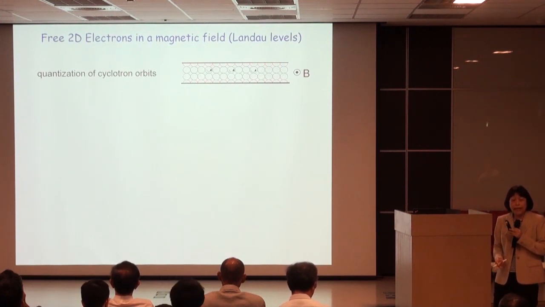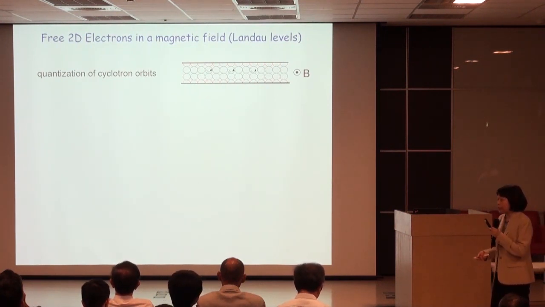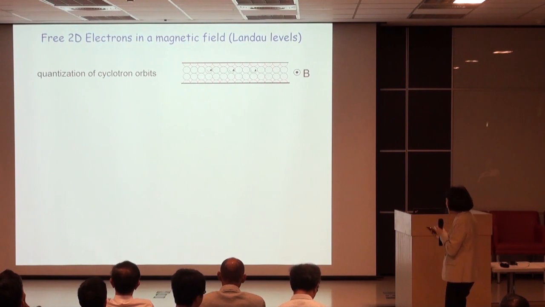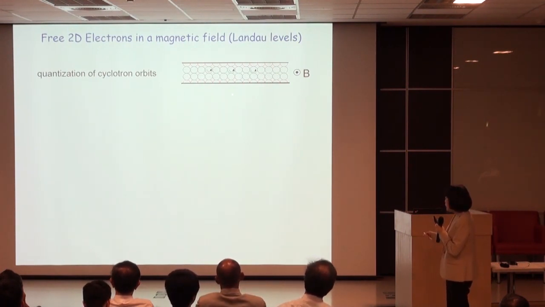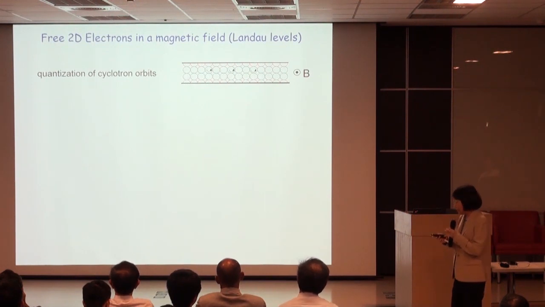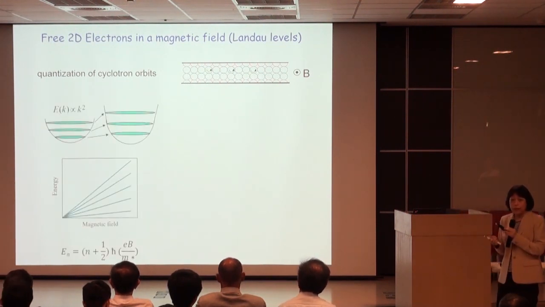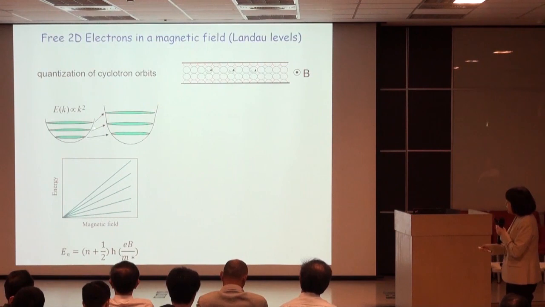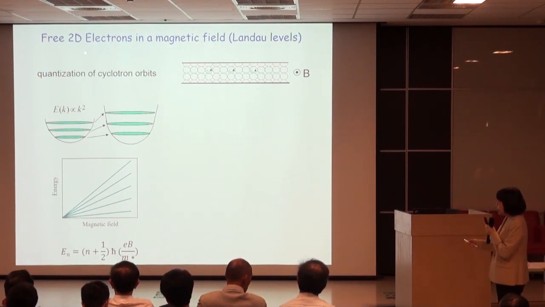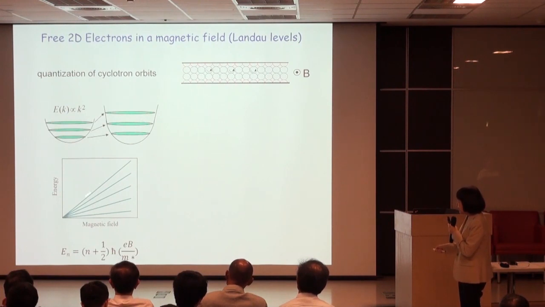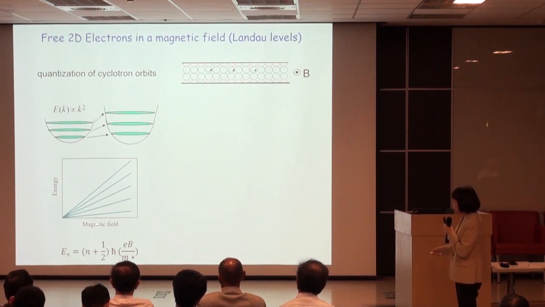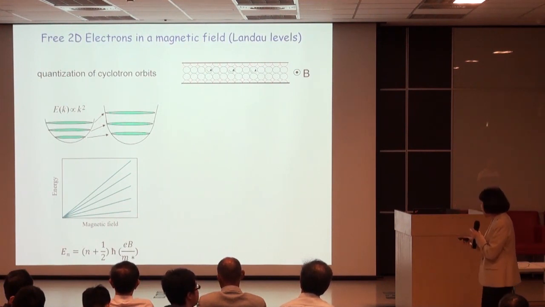If you have taken any kind of solid-state physics or quantum physics courses, you will know that the cyclotron motion of electrons will be quantized. And we're going to have the so-called Landau levels. So in the usual two-dimensional electrons, energy goes like k-squared, and energy versus magnetic field will be linear in the magnetic field.